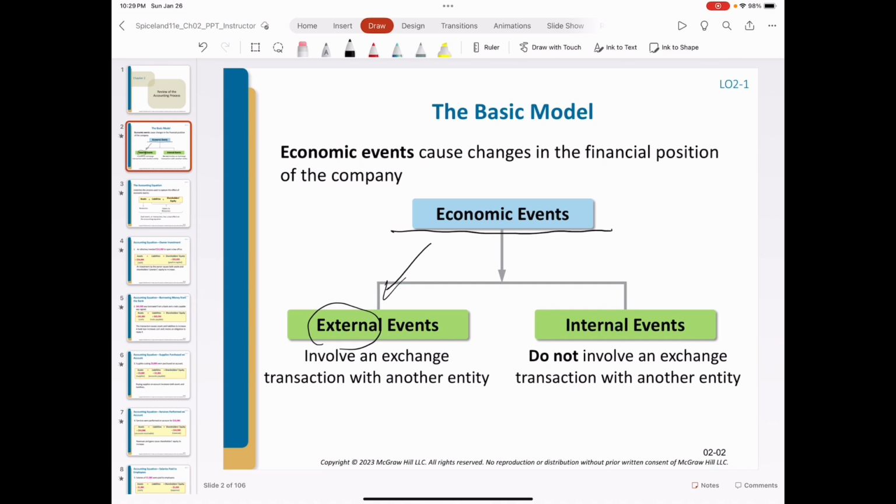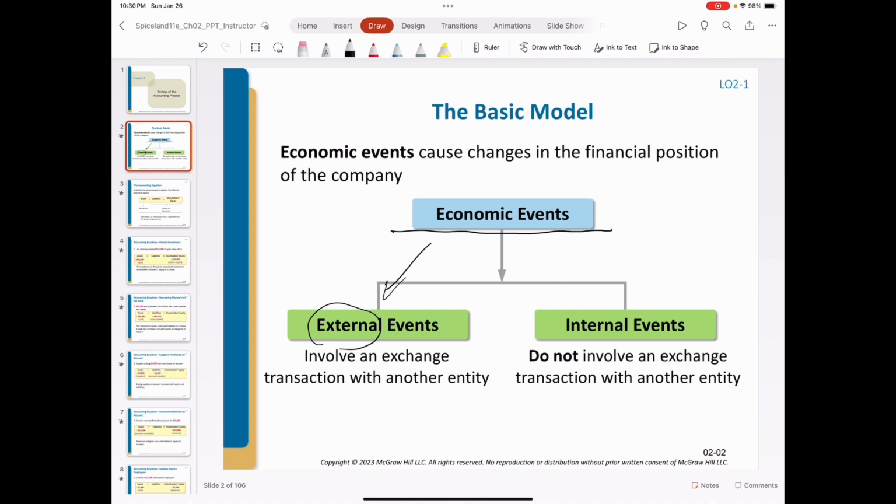For example, the transaction can be the company issuing stock to the shareholders, owners, or borrowing money from a bank or creditors, or paying salaries to the employees, or buying material from the suppliers and selling the goods to their customers, and so on and so forth.